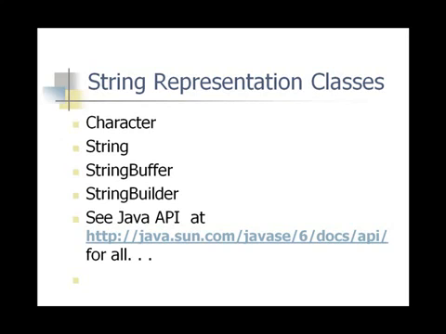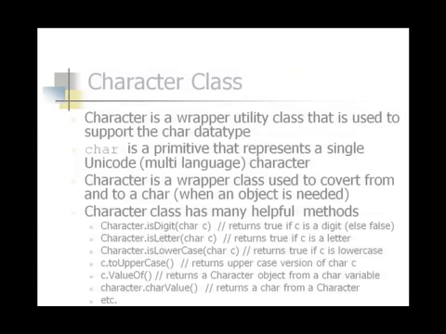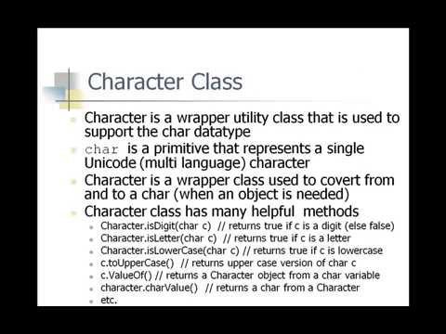Then we also have StringBuilder and StringBuffer classes, which represent changeable or mutable classes. We'll take a look at that. I'm going to encourage you to take a look at the Java API to see all of the various classes and things you can do with these classes.